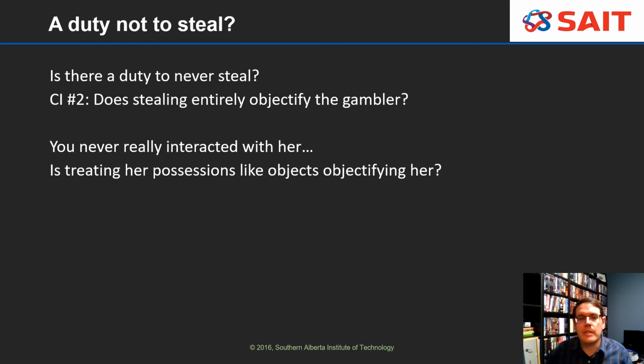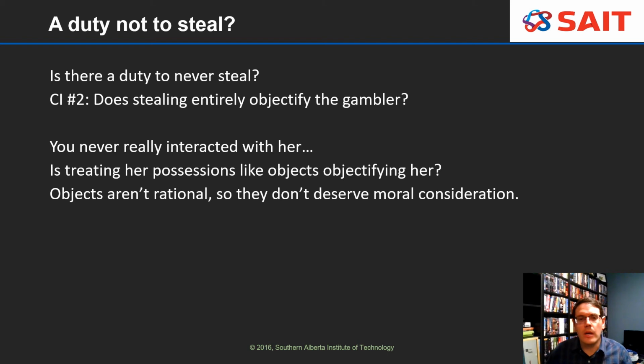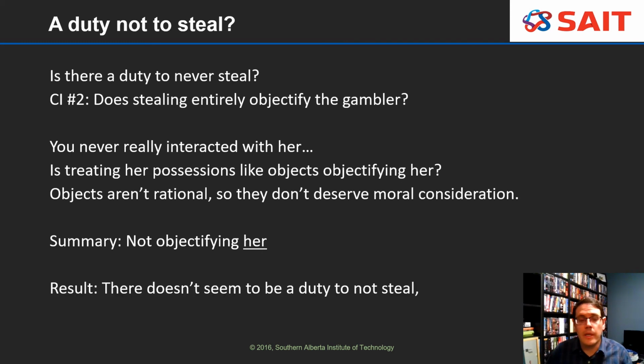Is treating her possessions like objects objectifying her? Objects aren't rational, so they don't deserve moral consideration according to Kantian deontology. So it doesn't seem as though you're objectifying the person. In other words, according to the second categorical imperative, there doesn't seem to be a duty to not steal.